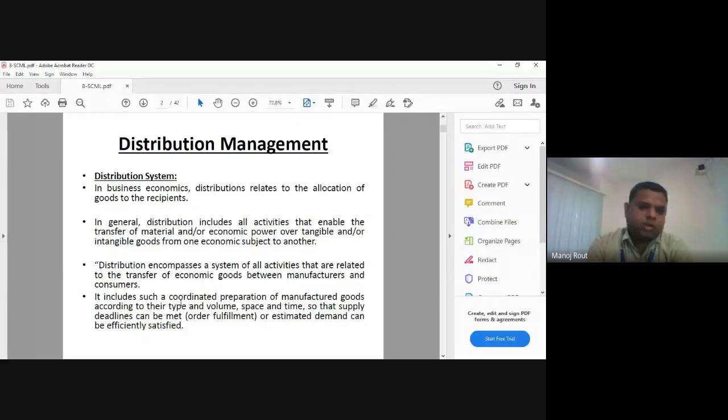As far as the distribution system is concerned, as I told in the 4th point, it directly covers all activity that enables economic power in the case of tangible or intangible goods or services. So basically it is an economic subject directly related to distribution of goods and services to the potential customer, and how the business will be increased through more distribution network.